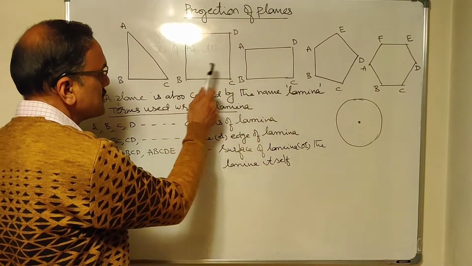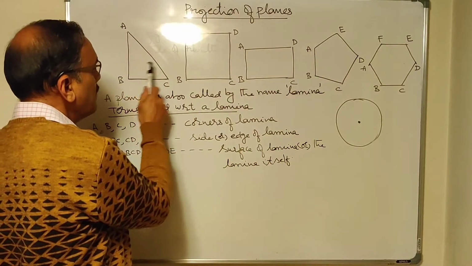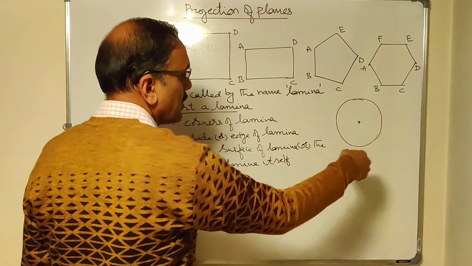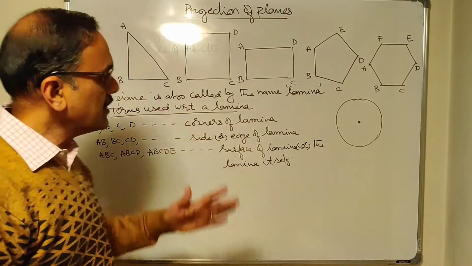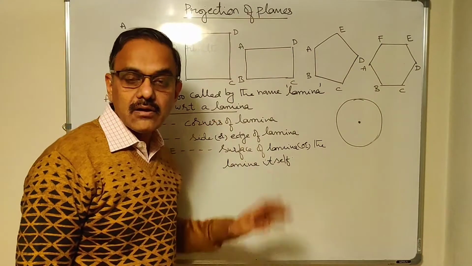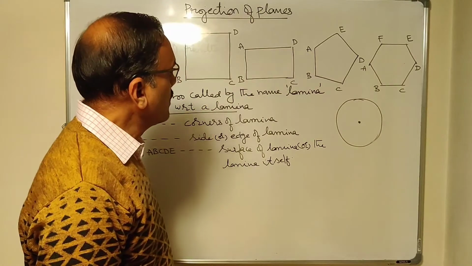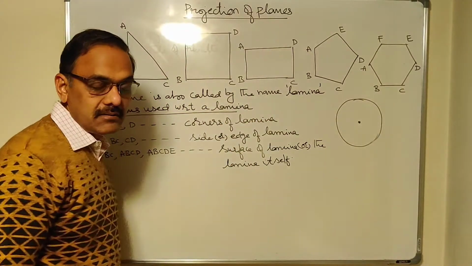I have drawn various planes here, starting from a triangle, square, a rectangle, a pentagon, a hexagon, and then a circle. So these are the planes that we are going to deal with in this unit. Now, a plane is also called by the name lamina.